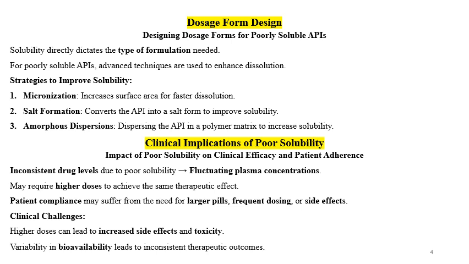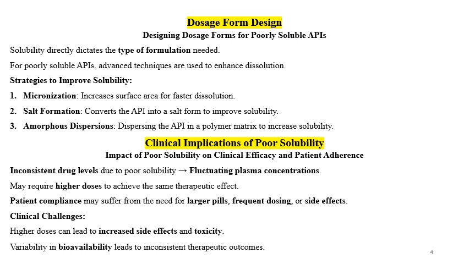Patient compliance may suffer from the need for larger pills, frequent dosing, and a higher number of doses per unit time. That means if you want to take a dose of 400 mg and the formulation contains an insoluble API, then many times the formulator divides the dose into 4 pills to improve the solubility.